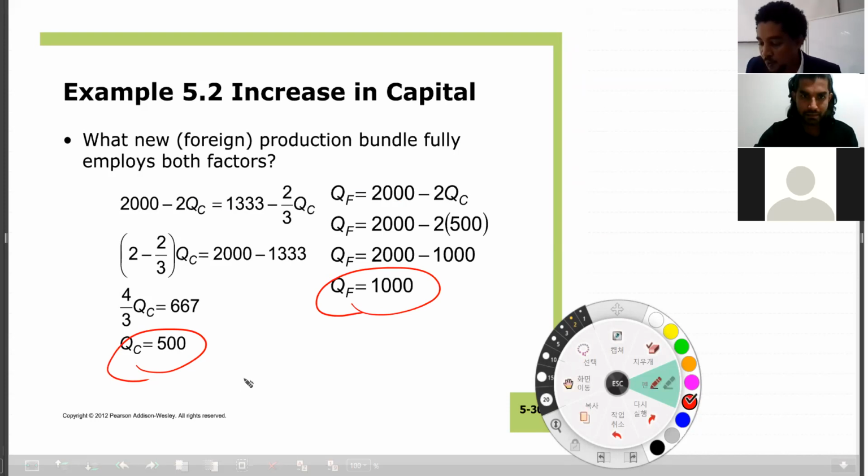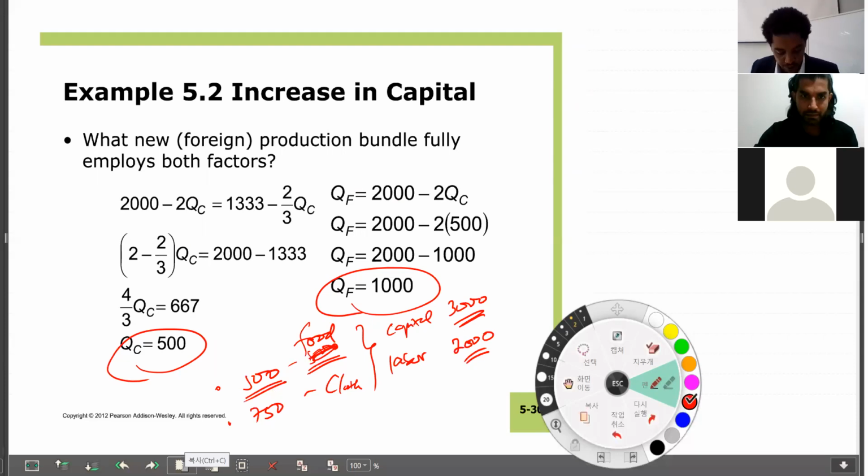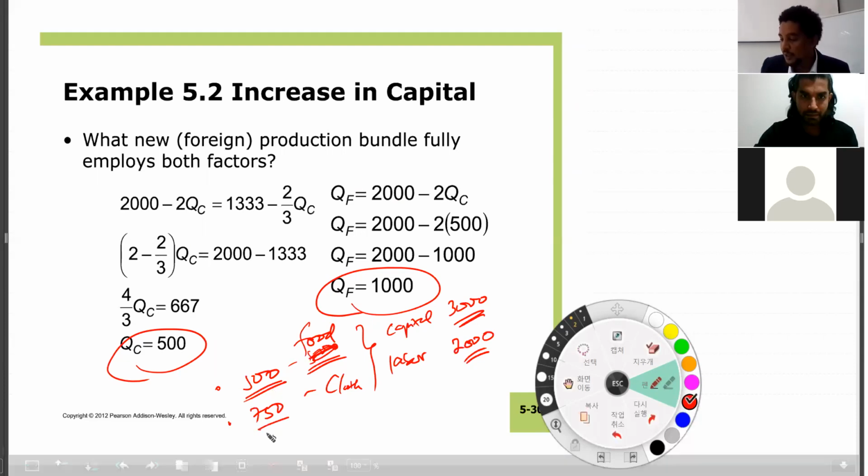Then if you remember, we had 500 and 750 in our first example, okay? That is the amount of food and clothes we were planning to produce with the capital of 3,000 and labor of 2,000. So in our previous example, we found that we can produce 500 food and 750 clothes.